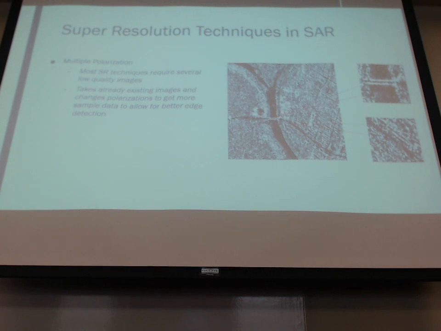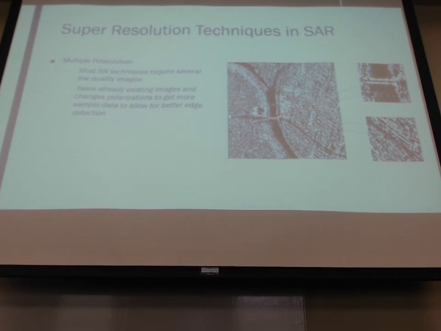So here are some techniques. The big thing with super resolution SAR imaging is that you have to capture a lot of images. If you're flying over something really fast and you don't have a lot of time, you might not get as many images as you want. Say you have this landscape, some sort of city, and you can see a river, and the top section that's in focus is a bridge.